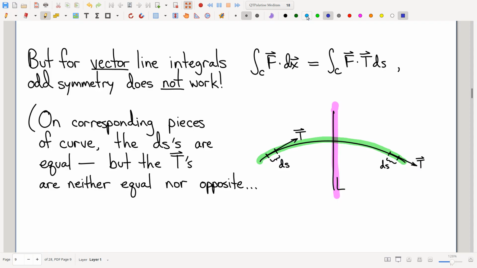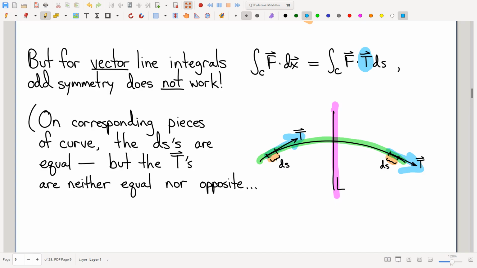Part of the line integral, then, is the unit tangent vector. When you look at corresponding little chunks, like this little chunk of size ds and that little chunk of size ds, the unit tangent vectors at these two pieces, terms in the Riemann sum, you would hope would cancel.